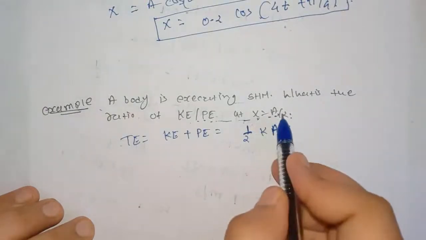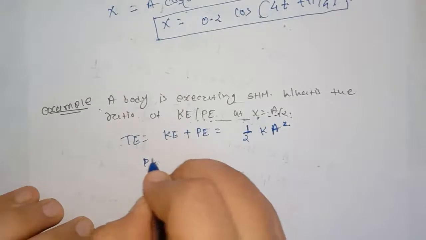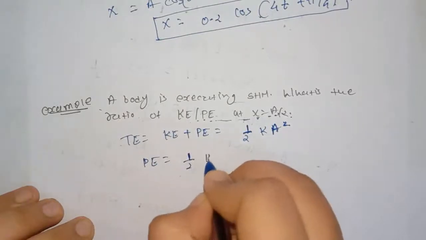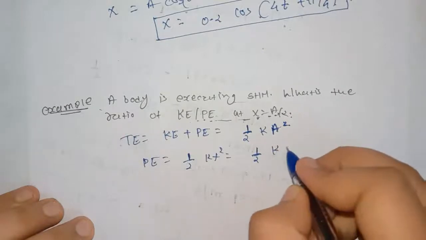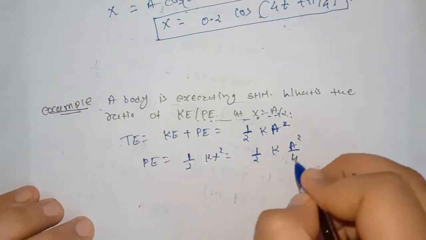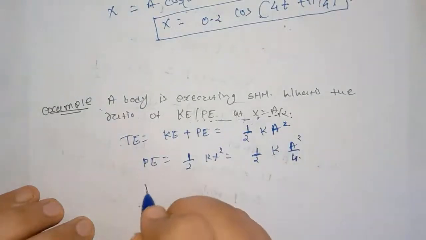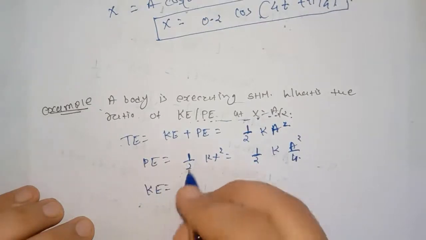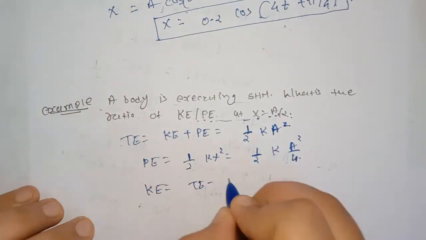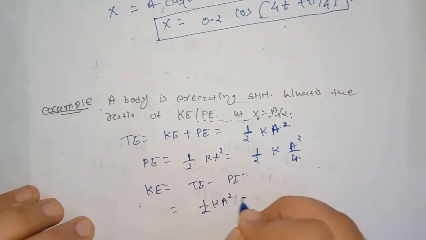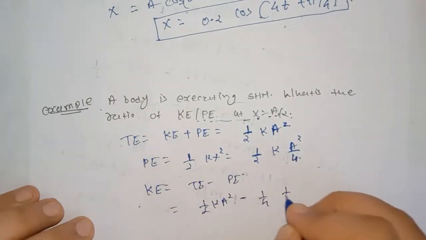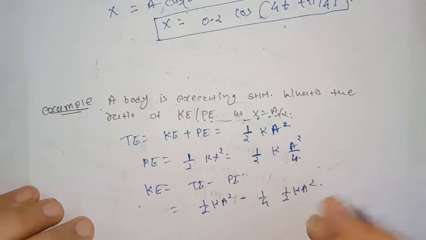At x equals a by 2, the potential energy is half kx square, that is equal to half Ka square by 4. So the kinetic energy is total energy minus potential energy, that is half Ka square minus 1/4 of half Ka square.